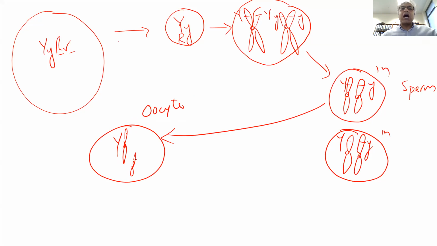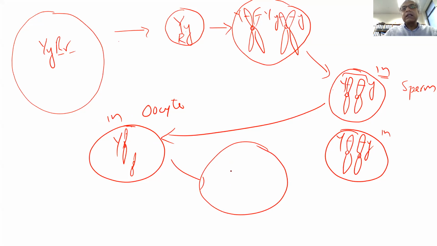let's forget about R because it will confuse you. Now this gamete, when it fuses, because this is haploid, this is not haploid for this particular chromosome. Now when fusion of gametes takes place, the zygote will look like this.